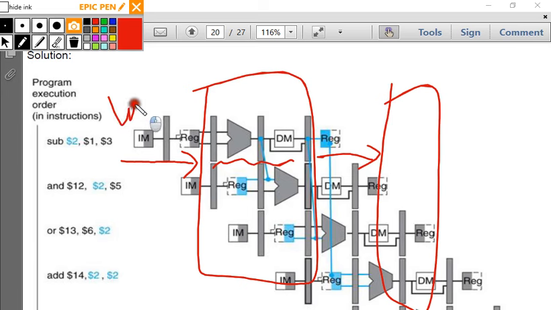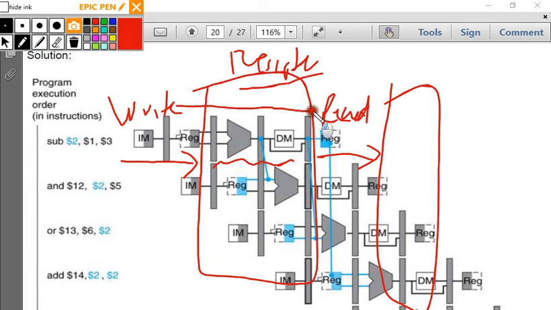I've said this term before in class. You got write and you got read. And this is the registers. Any ideas?